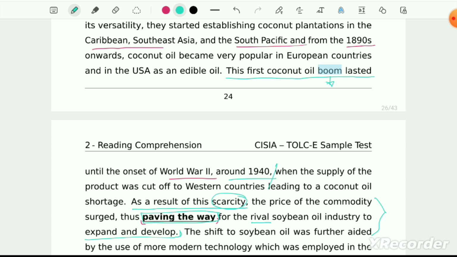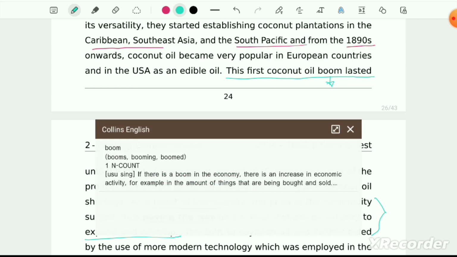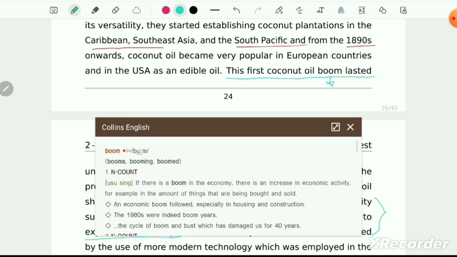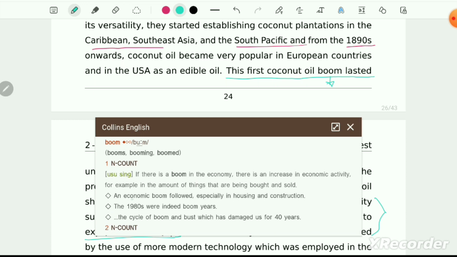Let's search on the dictionary. Boom means, if there is a boom in the economy, there is an increase in economic activity, for example, in the amount of things that are being bought and sold. So an economic boom followed, especially in housing and construction.